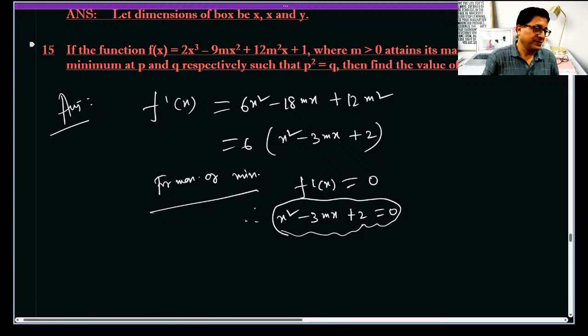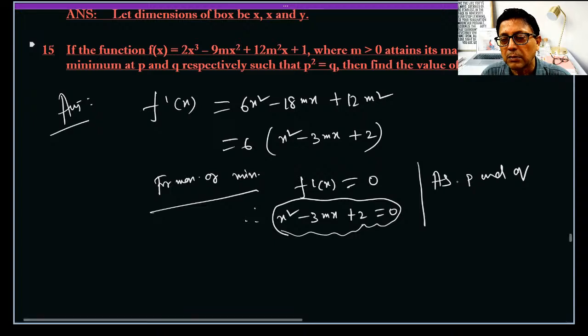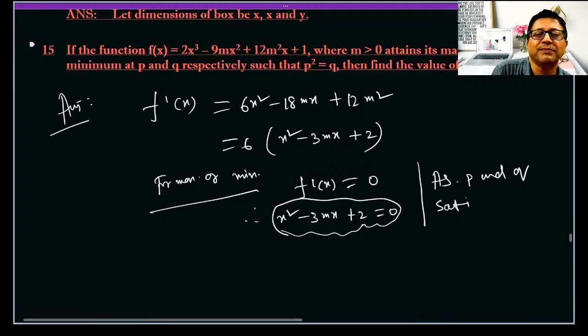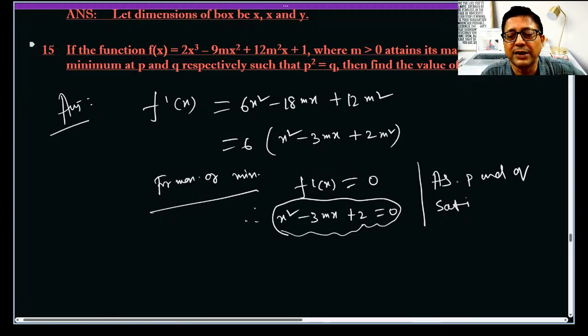You agree or not? M square into x is there. So 2x cube it is 6x square. 9mx square is 18mx plus 12m square. Oh, m square is there. Right. 2m square is there. Yes, correct.